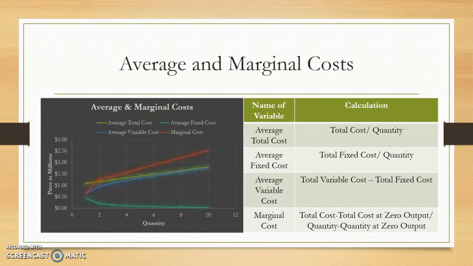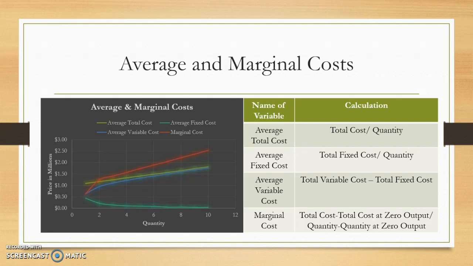This does cover average and marginal costs. As you see here, we have a graph that shows our average total cost, our average fixed cost, our average variable cost, and our marginal costs. And how we calculate these values is: our average total cost is the total cost over the quantity. Our average fixed cost is our total fixed cost over quantity.